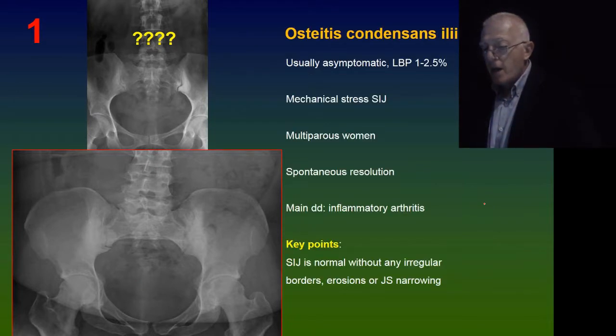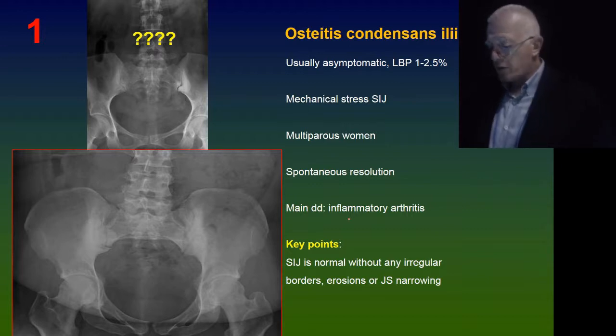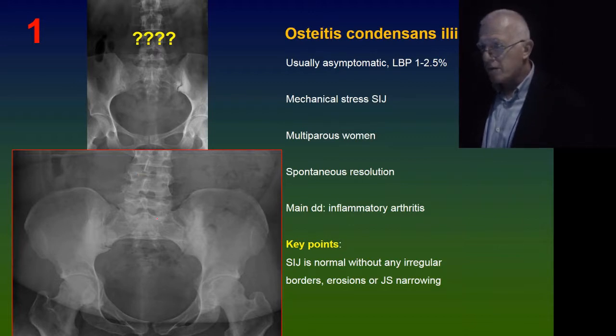Thank you. As you see, usually this is asymptomatic, but in a minority of patients we may have some low back pain. Usually it's seen in multiparous women. And the main differential diagnosis is inflammatory arthritis. So why did you diagnose here osteitis condensus ilii and not inflammatory sacroiliitis?